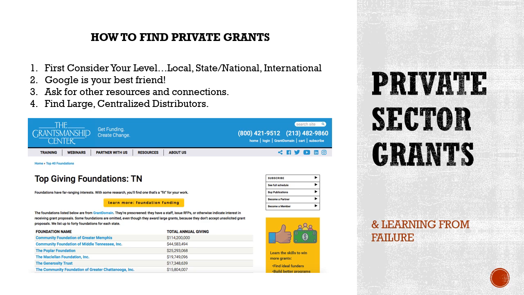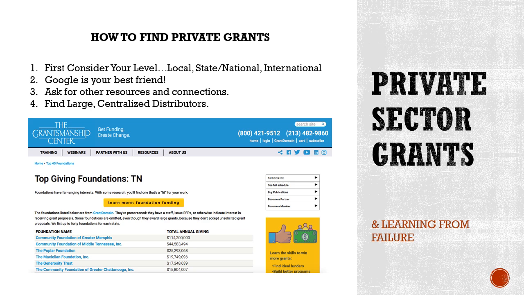And so when I was starting out the process, I just started by Googling foundations within Tennessee or nonprofit granting organizations within Tennessee. And I found the Grantsmanship Center, which is an extremely helpful resource and helps identify the largest foundations within Tennessee.